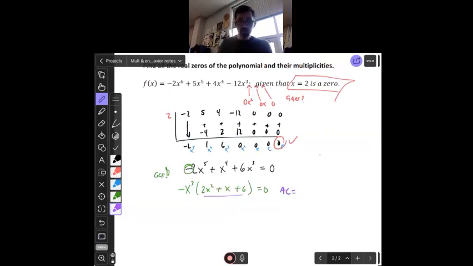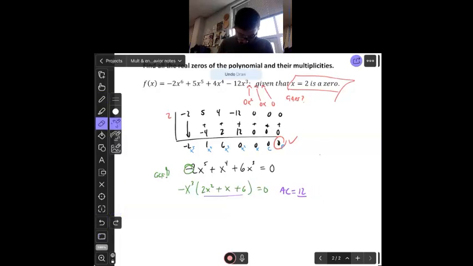All right, so our AC here is 12. We need factors of 12 that had to be 1. Oh, I made a mistake. I took out a negative x cubed, so those should be negatives.